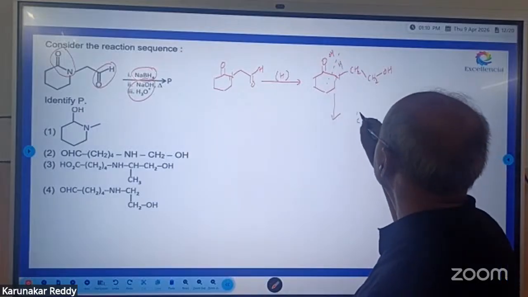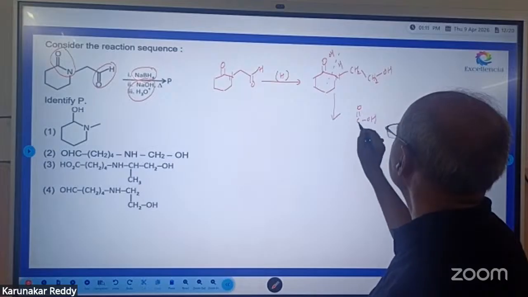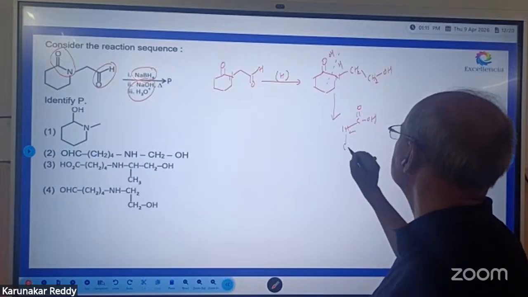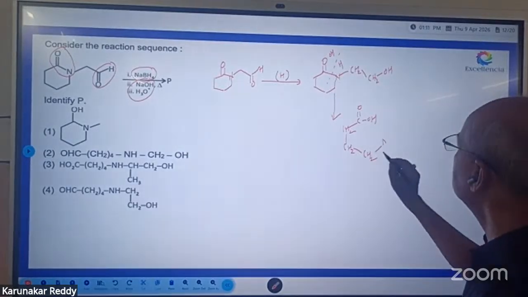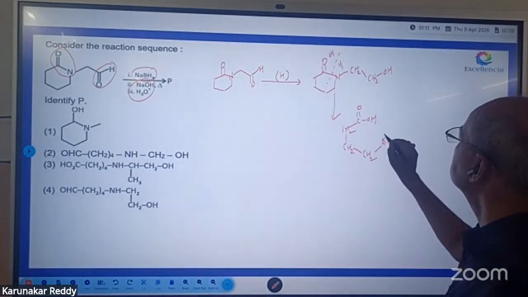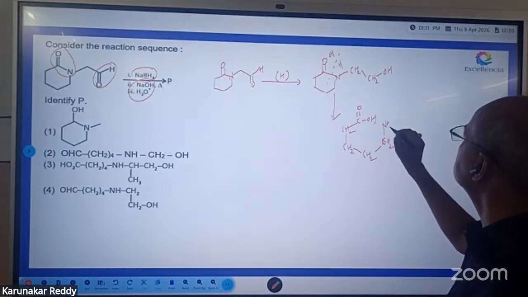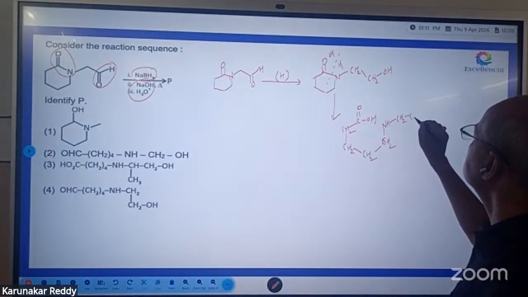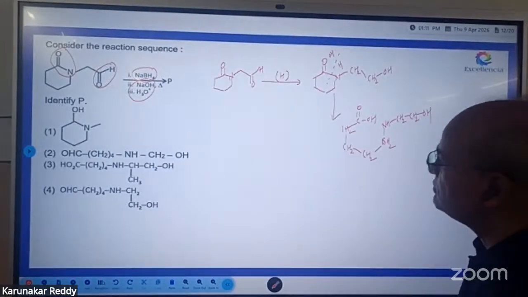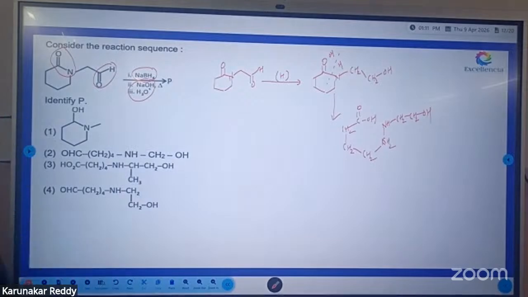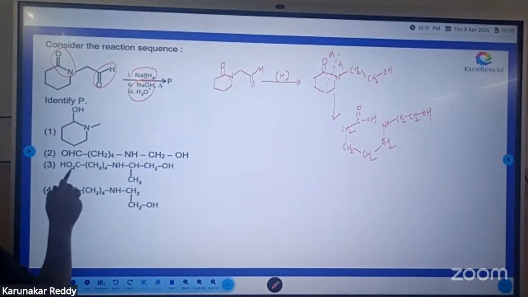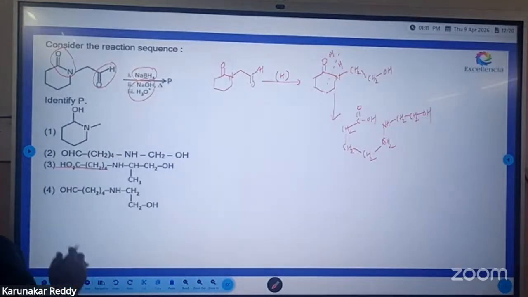Then we'll get a C double bond O, OH, then CH2, then CH2, and this one is having NH, CH2, OH. So the option 3 is the correct answer there.